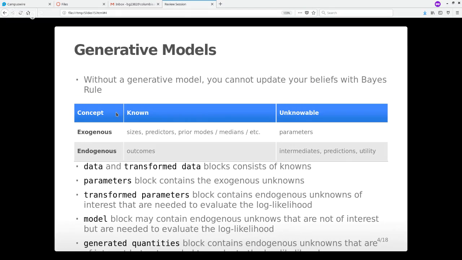Or you can just get the draws from the posterior distribution and then do as.matrix, as.data.frame, or extract, get the 4,000 or however many draws of all the exogenous unknowables that you need, and then in R, just evaluate those functions yourself. So you don't necessarily have to do it in Stan code, although that is often the most convenient.